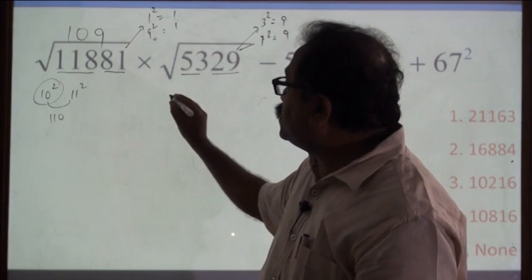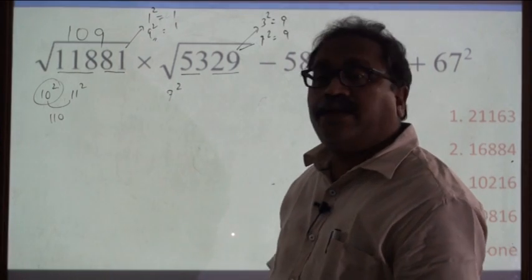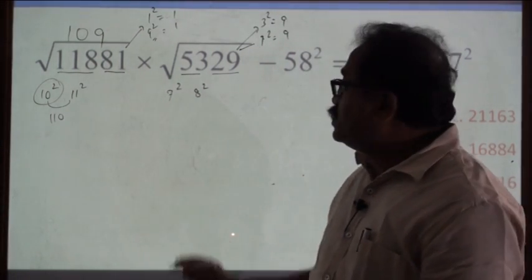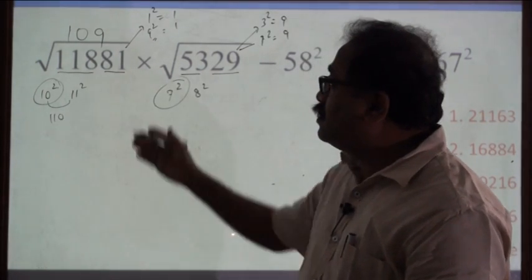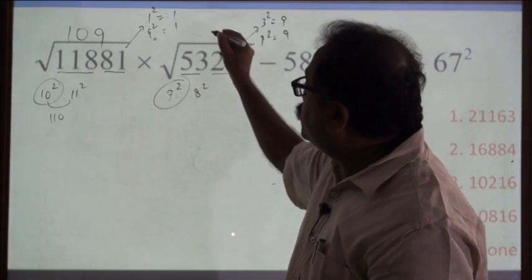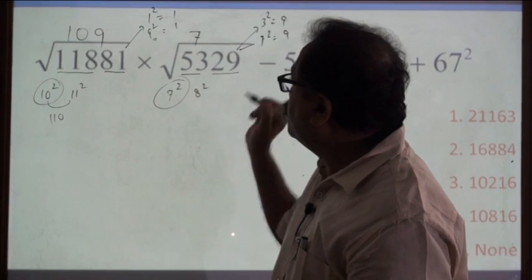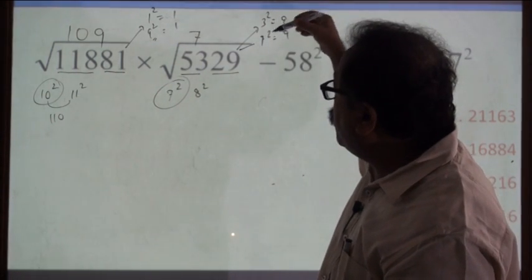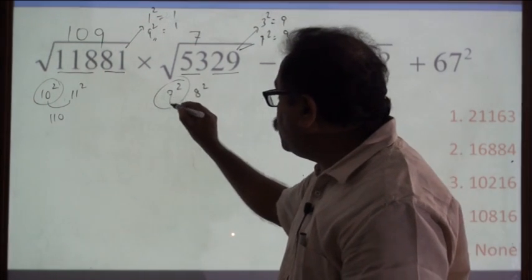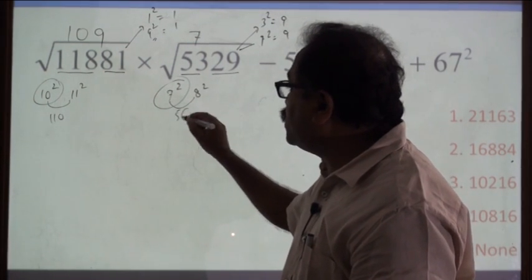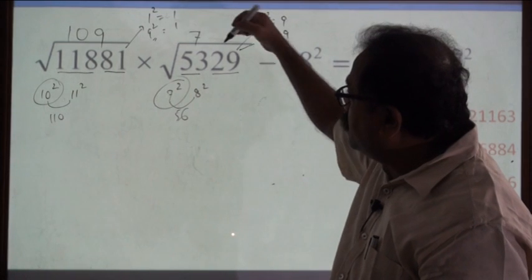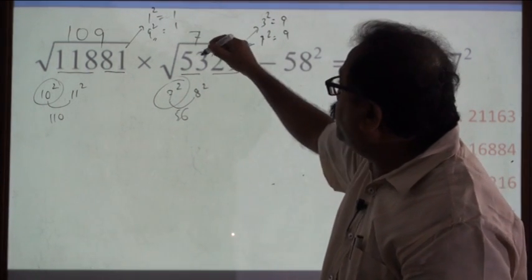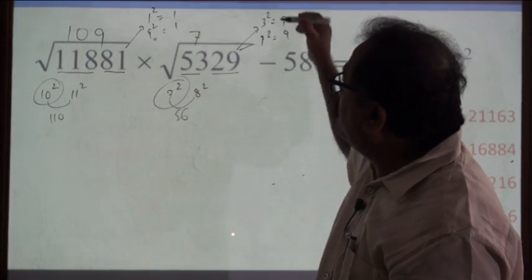So 53 is greater than 7 square and less than 8 square. So I will take the smaller number here as we did there. So take 7. What about the next one, whether 3 or 7? So multiply these two, 7 eights are 56, and this 53 is smaller than 56, therefore I will take the smaller number, which is 3.